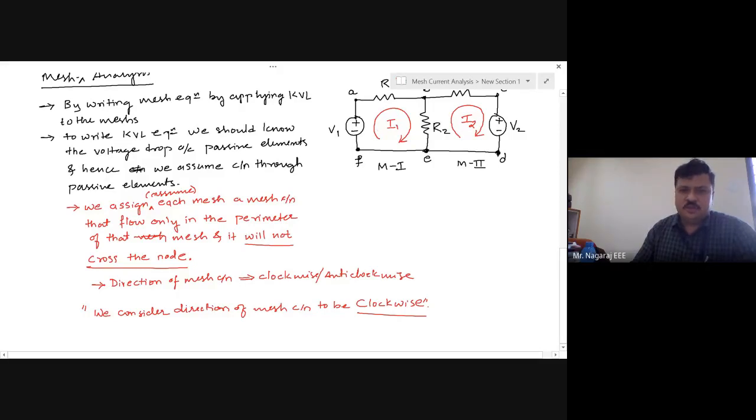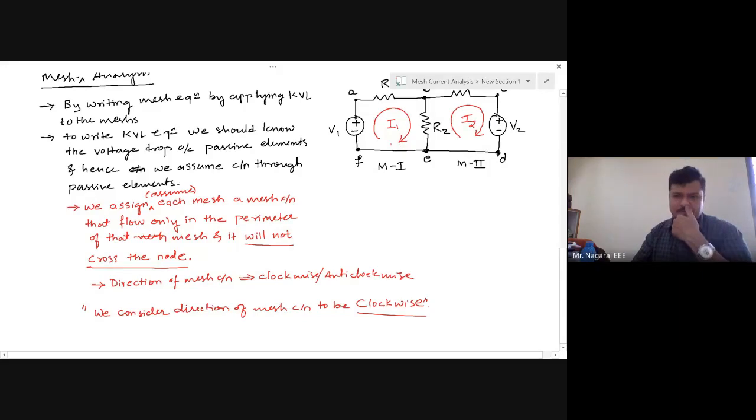If the circuit is planar, check how many individual meshes we have. Assign each mesh a current in clockwise direction. After assigning each mesh a current in clockwise direction, I know the direction of current in each element in this mesh.